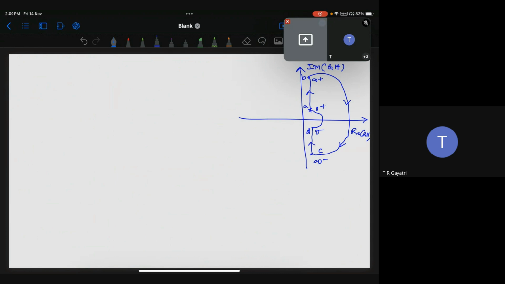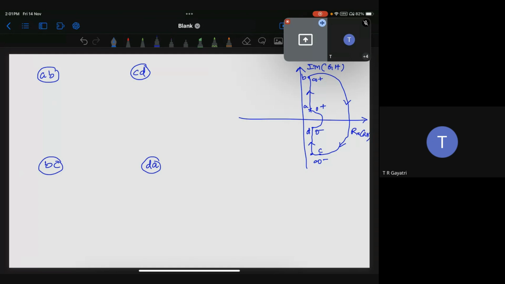So you'll have three different paths: A to B, B to C, and then C to D. D to A is automatic. We have to get to each and every point, so we have AB first, then BC, then CD, then DA.